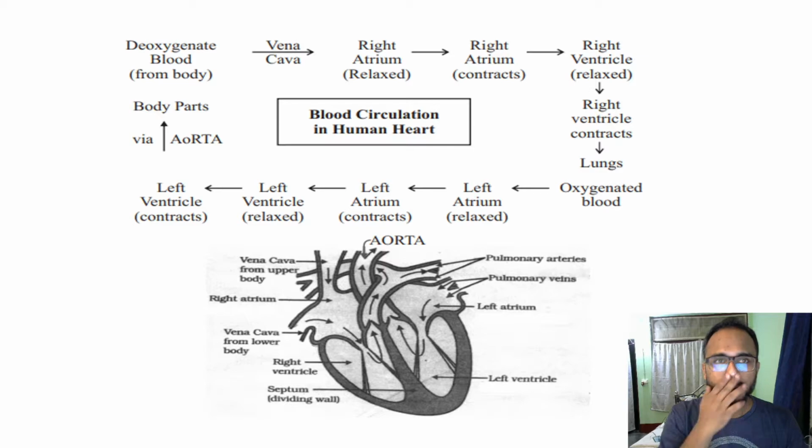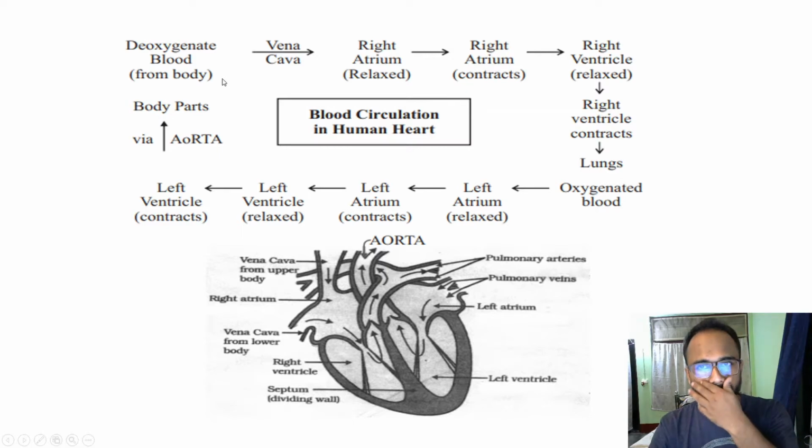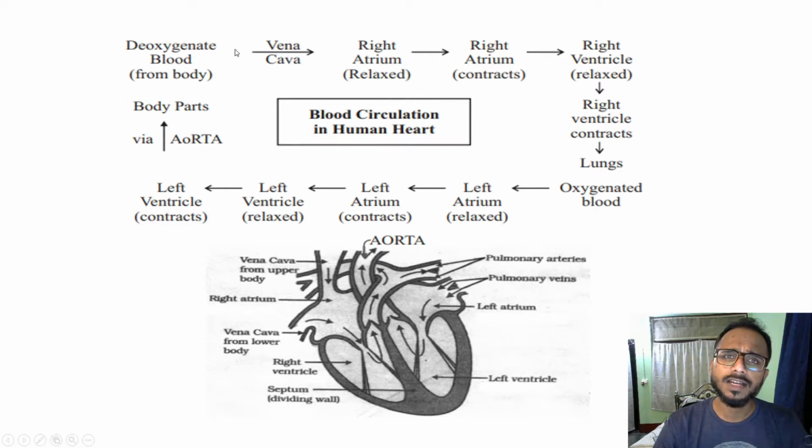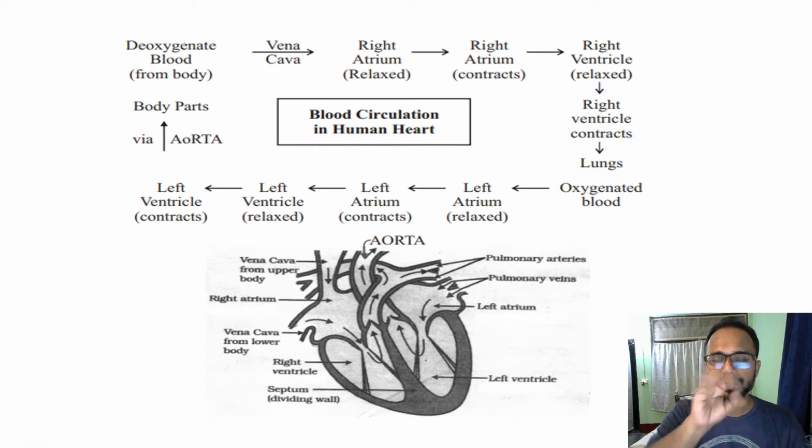Just see. Now see, deoxygenated blood from the body, that means the blood that has no oxygen in it, okay? It will pass through this vena cava. Do you see this vena cava? There is a tube that is called vena cava. It will pass through the vena cava to the right atrium, which is relaxed. Now, when the right atrium contracts, that is, relaxed means suppose this is relaxed, contracts means I'm contracting this.